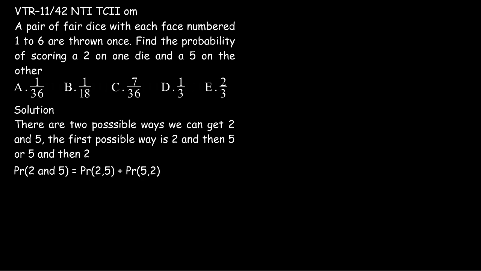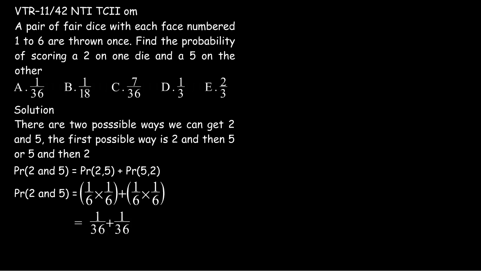So therefore our probability of getting a 2 and a 5 will be equal to the probability of getting a 2 on the first die and a 5 on the second die, plus the probability of getting a 5 on the first die and a 2 on the second die. So the probability of getting a 2 and a 5 will be equal to 1/6 times 1/6 for the first one plus 1/6 times 1/6 for the second. We can see that both are basically the same thing.